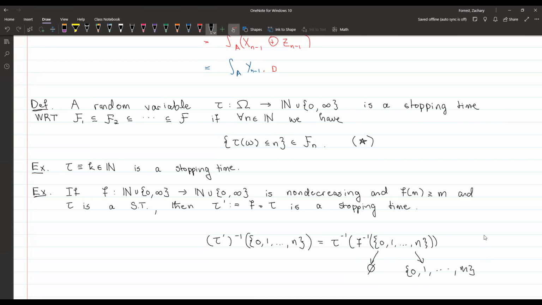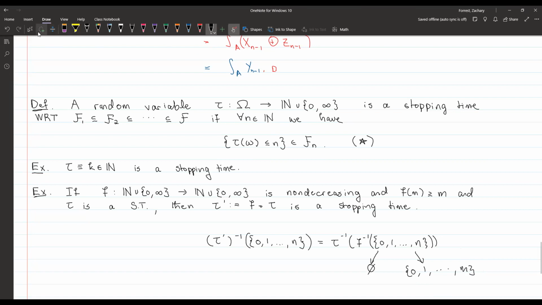And we already know how this is going to work out. We simply take the preimage under tau. We're going to get something which is an element of the mth element of the filtration sigma algebras. And since we know that these are always increasing sigma algebras, we simply get the desired result. Everybody clear on this? Okay, fantastic.